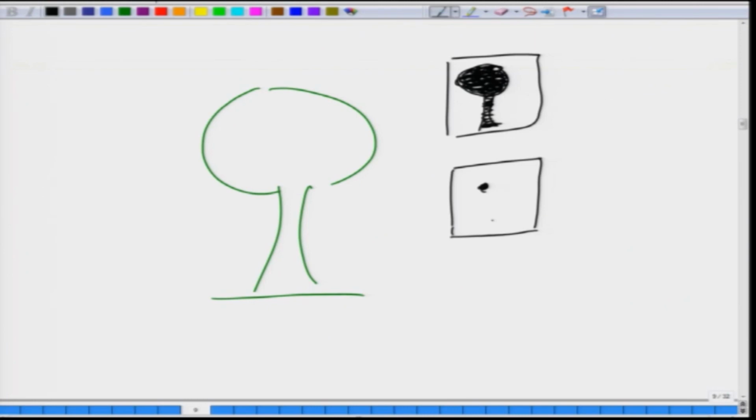In that case, you will probably find that some locations are darker in color, some locations are lighter in color, and probably some locations are in between, and so now you are able to see more contrast in this tree.